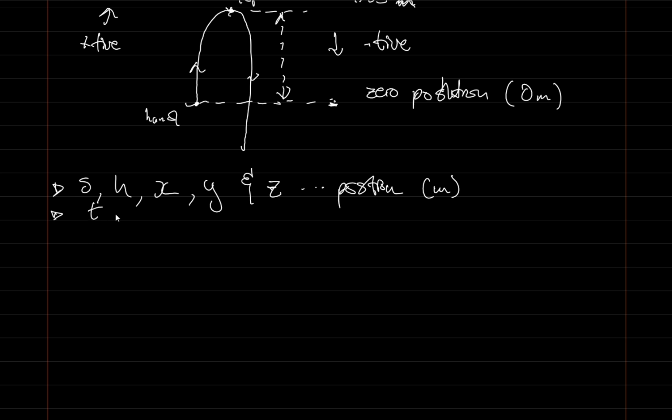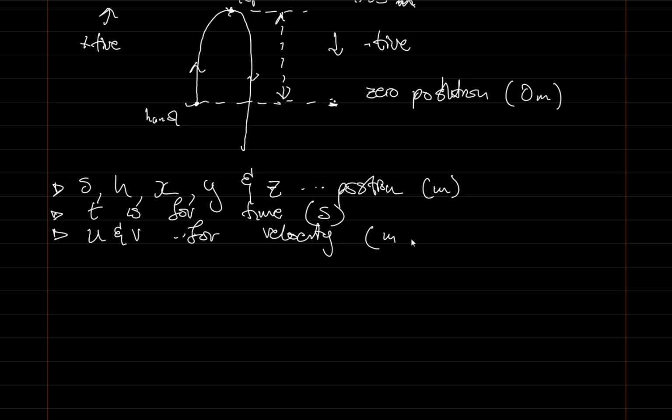T is for time, in seconds, as you might already know. Then I'll use U and V for velocities, which we'll get to in a minute, in meters per second. And what I have left is A, which is for acceleration, in meters per second squared.